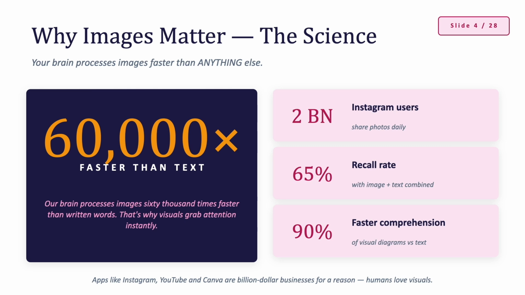The ability to place the right image in the right spot is a superpower. Researchers say people remember around 65% of information when paired with an image, compared to only 10% with text alone. So, images are not just pretty, they help people actually remember what you wrote.